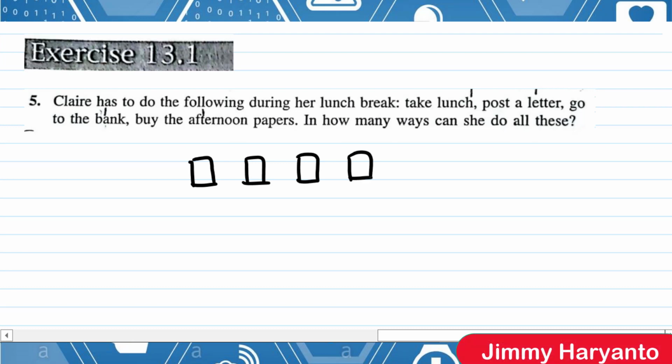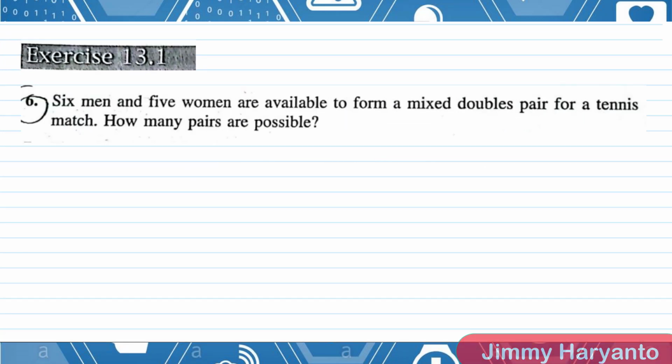The first task can be take lunch, post a letter, go to the bank, or buy the afternoon papers. So we have 4 possibilities right here. And then for the next one it will be only 3, because Claire already did one of the tasks in the first box. 4, 3 and then 2 and then 1, and the answer is 24. 24 ways to do this.